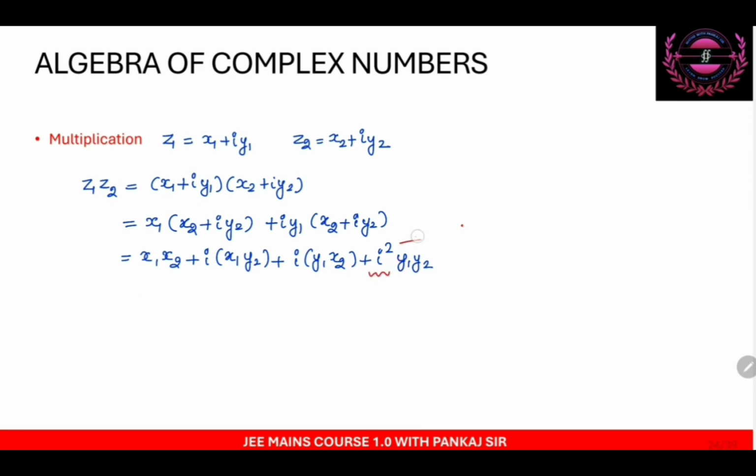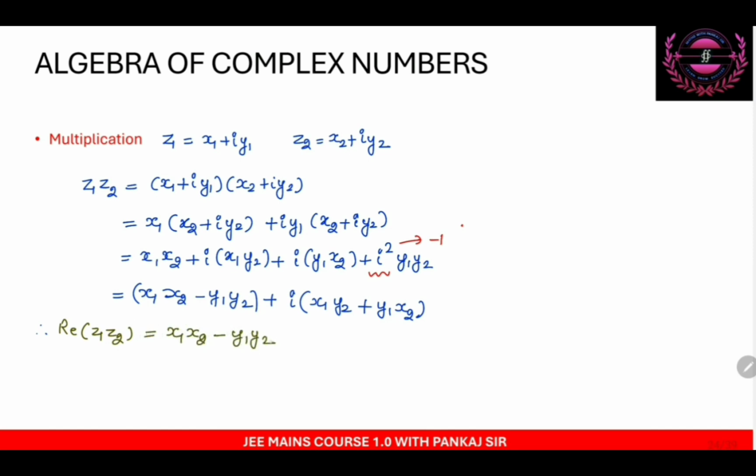We know iota square is minus 1, so I will directly write x1 x2 minus y1 y2 plus, taking iota common, iota times x1 y2 plus y1 x2. Therefore the real part of z1 z2 is x1 x2 minus y1 y2, and the imaginary part is x1 y2 plus y1 x2.